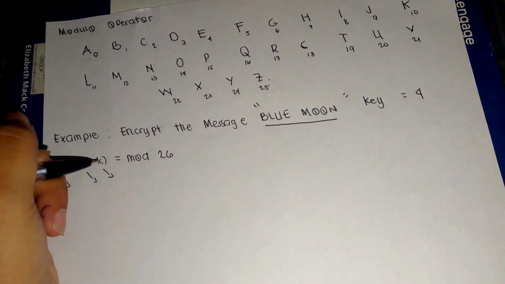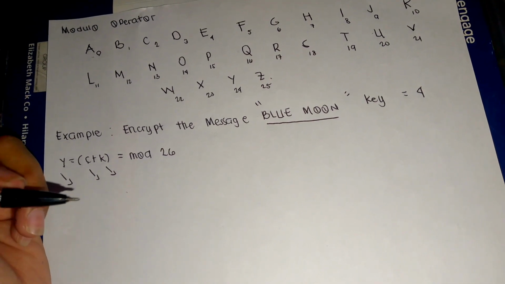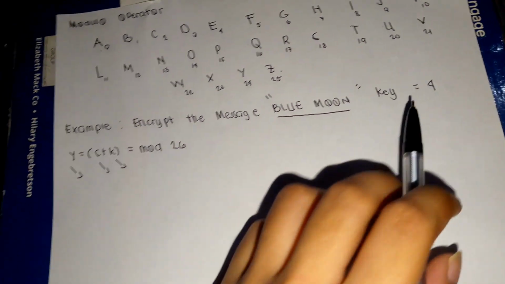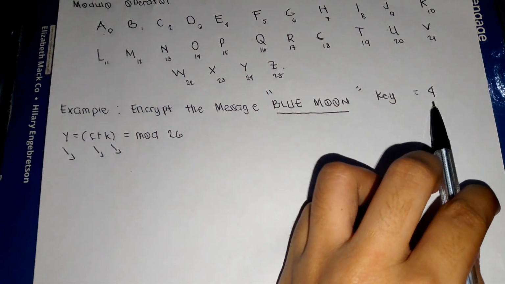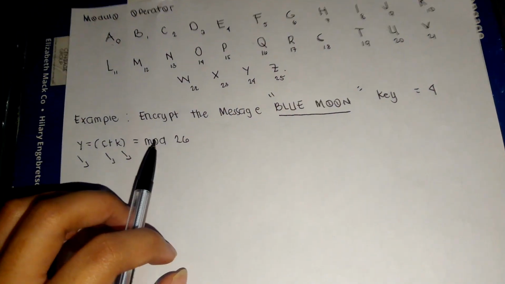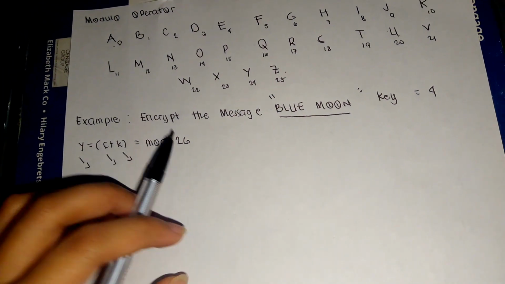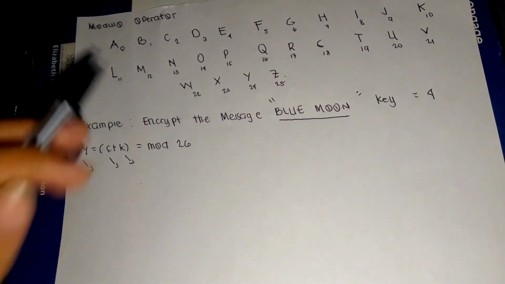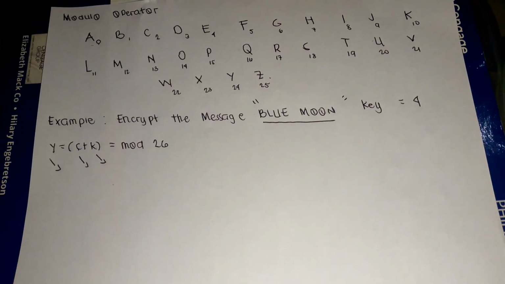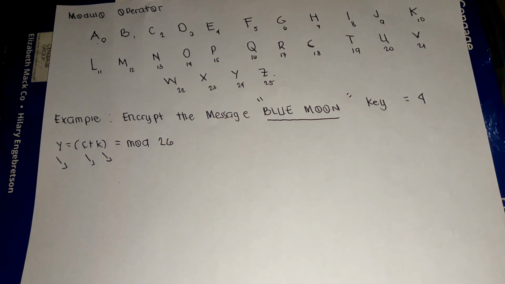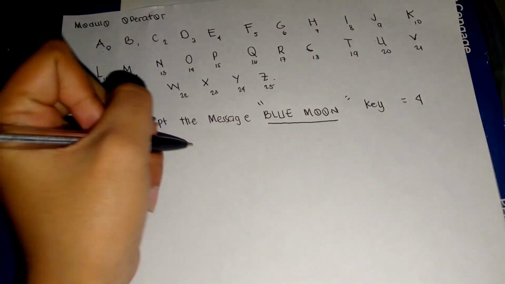K we represent as the key. We have 4. The modulo 26, we got 26 because there are 26 letters in the alphabet. Okay? Did you get the point about this formula?